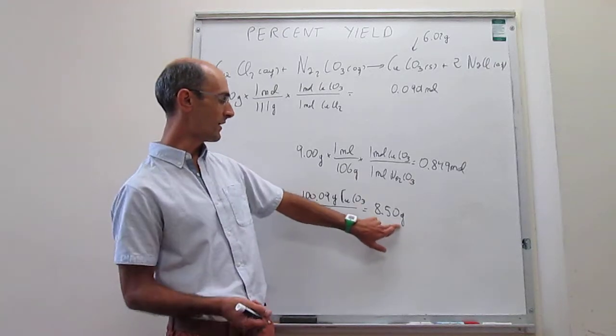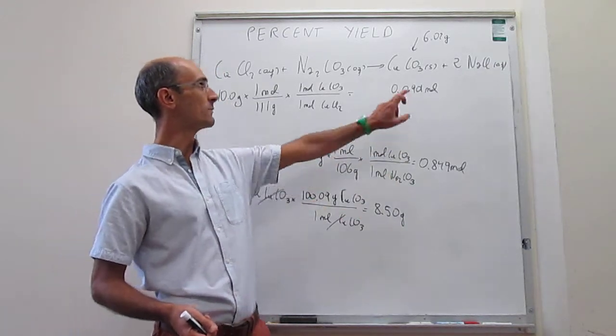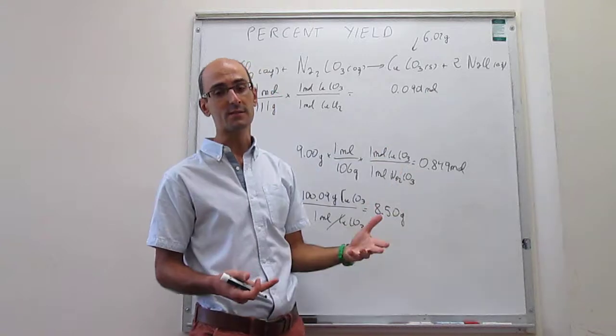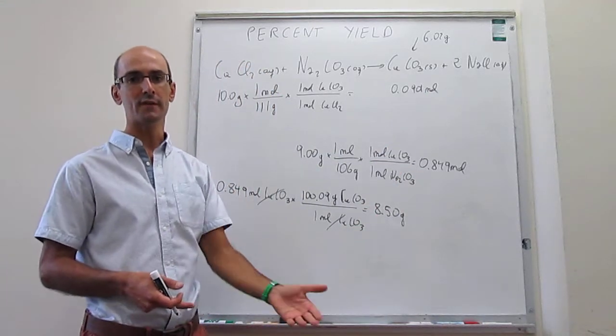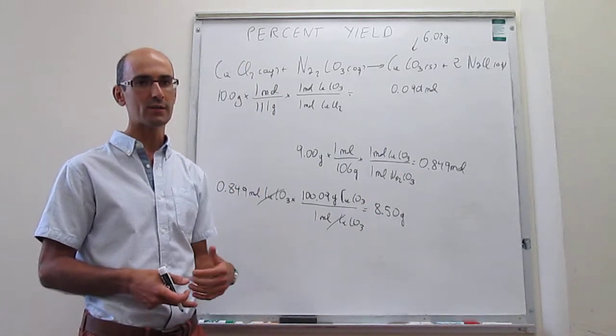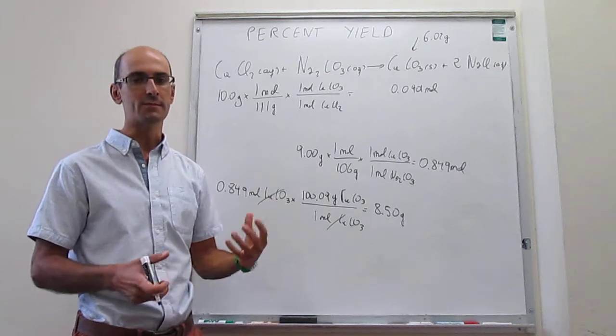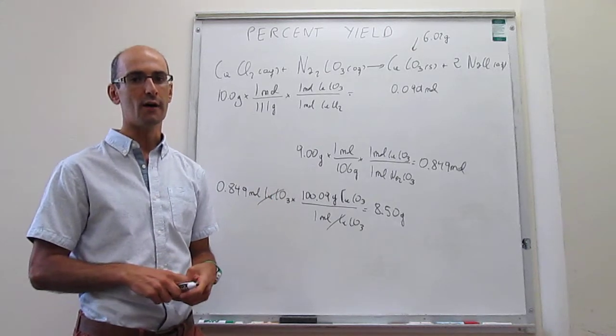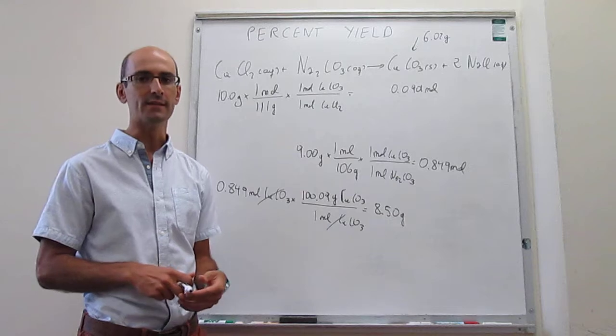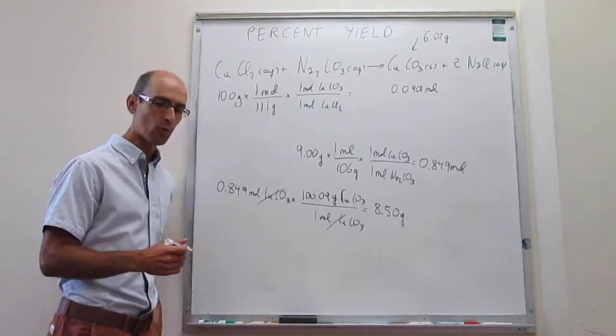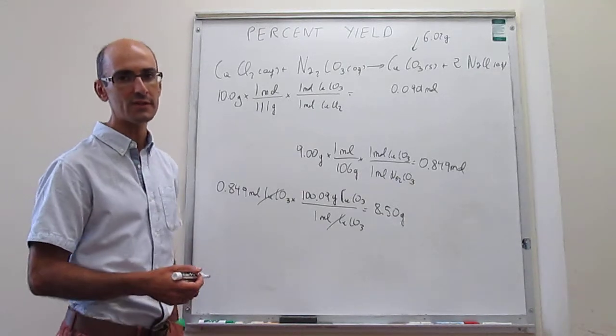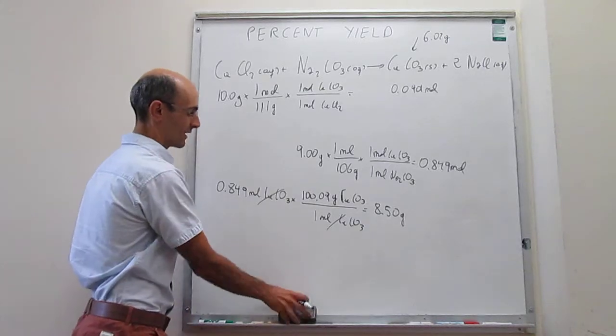In reality, we're not obtaining this mass. We're obtaining a little bit less, which again means that maybe you've lost something along the way, or the reaction has a side reaction, or there's been some other source of decrease in the yield that you expect. Okay, but we can quantify the percent yield by actually calculating it, right?